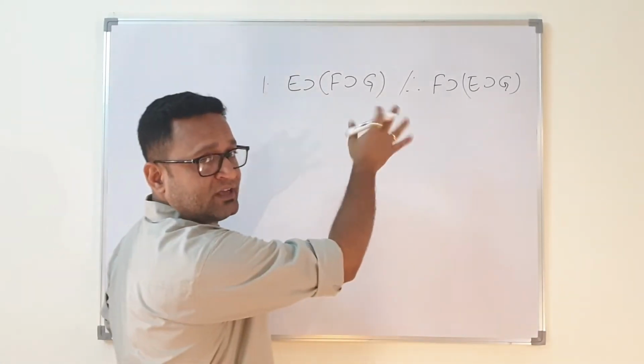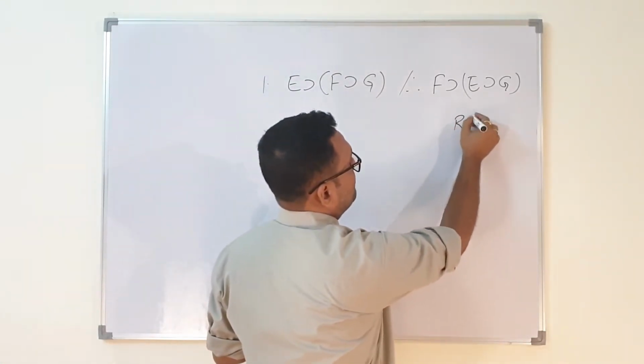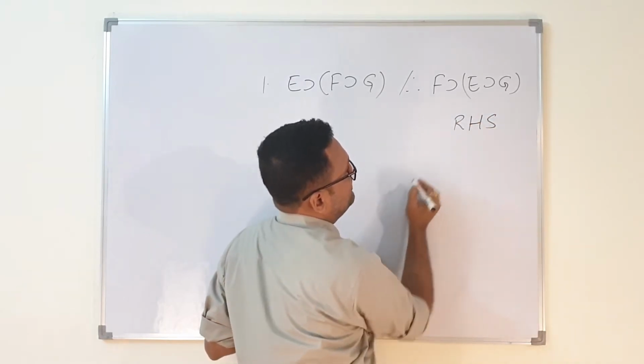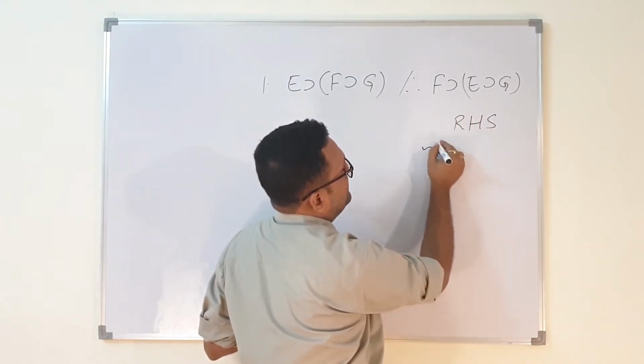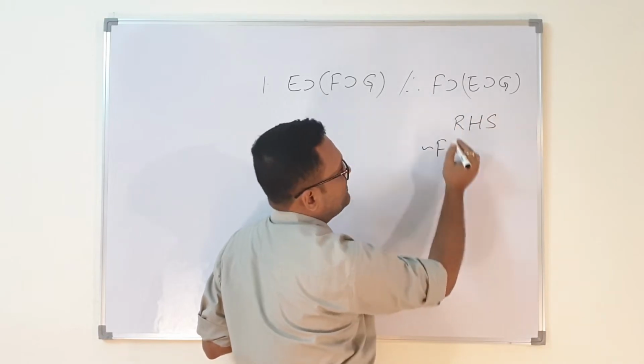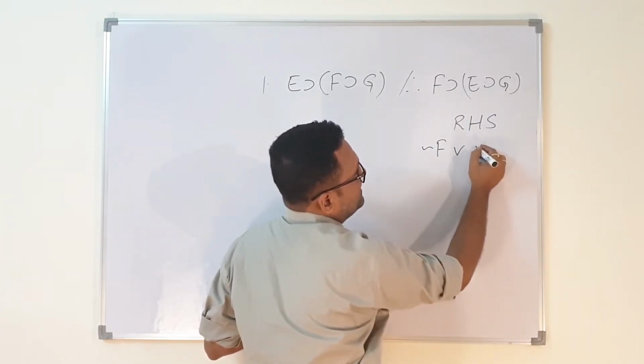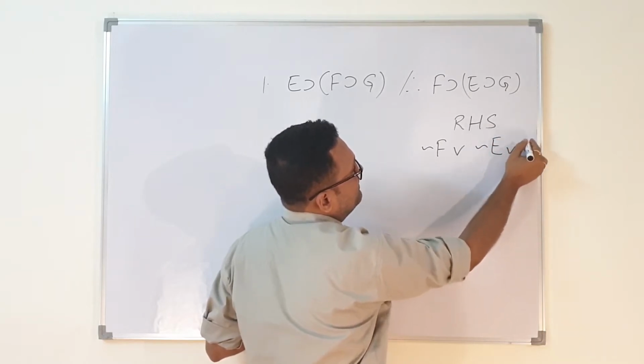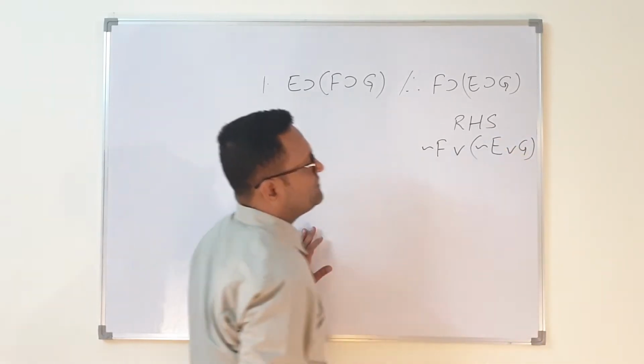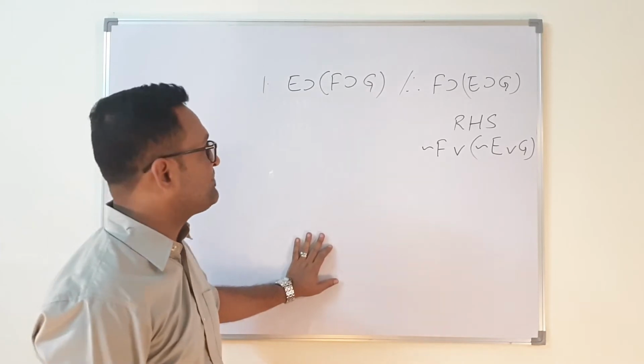Let us again solve the RHS a little bit. We solve the RHS to see what can be the case. So if we apply negation, because we are applying material implication, we will say wedge, and then again we can apply material implication, so it will be negation E, wedge G, right? So we can break it and see this.